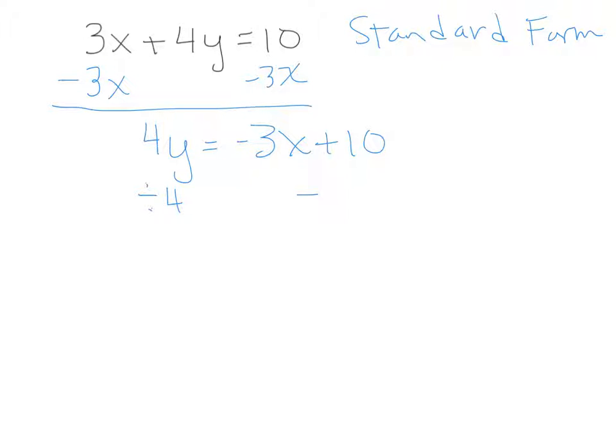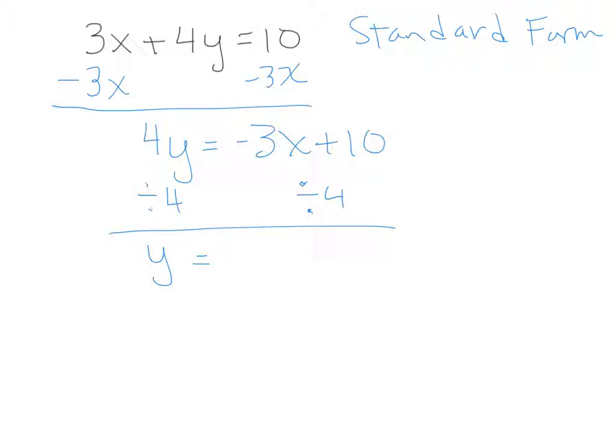Now what we're going to do is get a 1y, so we're going to divide each side by 4. The result of that, of course, is that we have y on the left side, and we have to be careful on the right side, because what we now have is an expression of two terms that we're dividing by 4, which means we have to divide each term by 4.